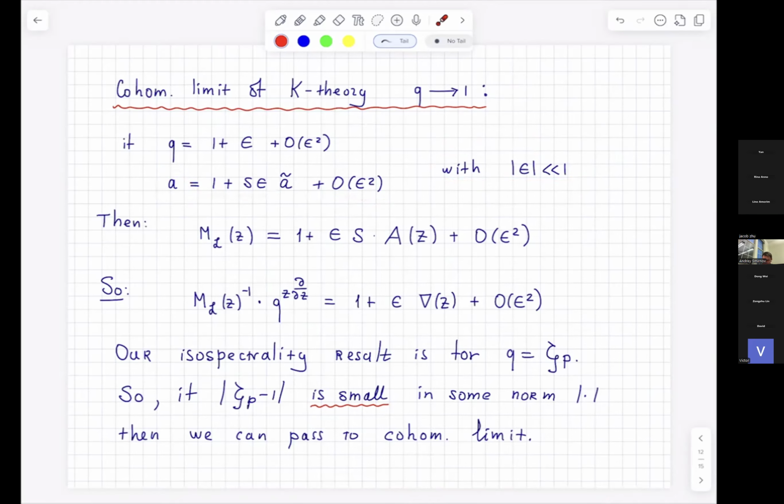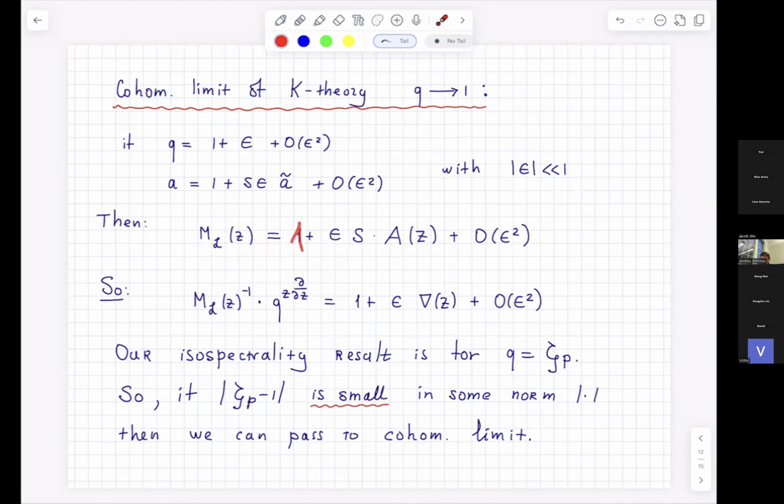So you say that it's 1 plus some small parameter epsilon times S, the cohomological version of this equivariant parameter, and then higher terms. Then it is known that the operator of quantum multiplication by the line bundle L has the following expansion.